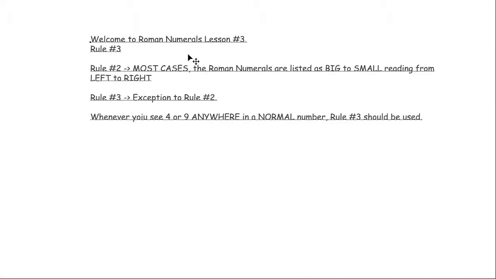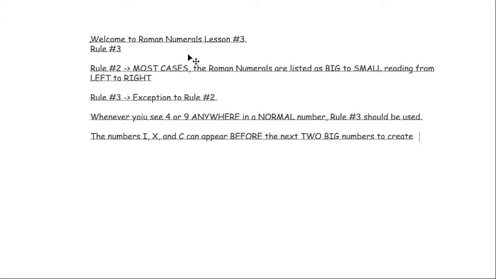So here's the rule: the numbers I, X, and C can appear before the next two big numbers to create the exception to rule number 2.